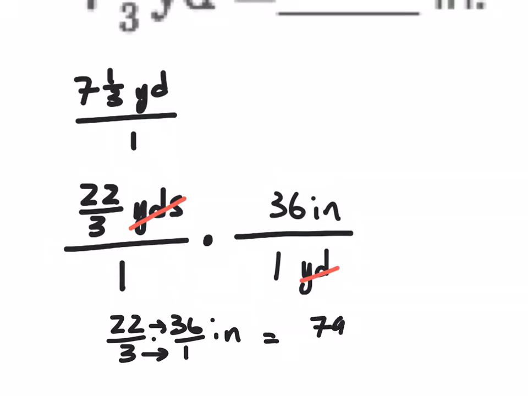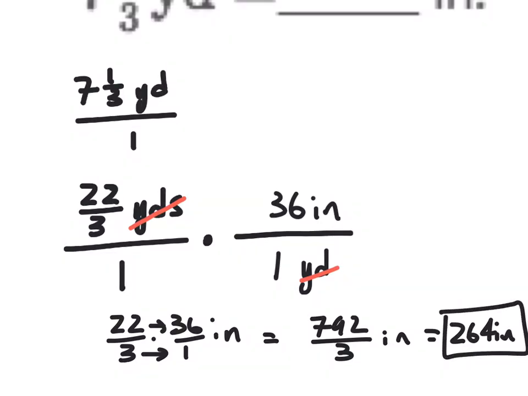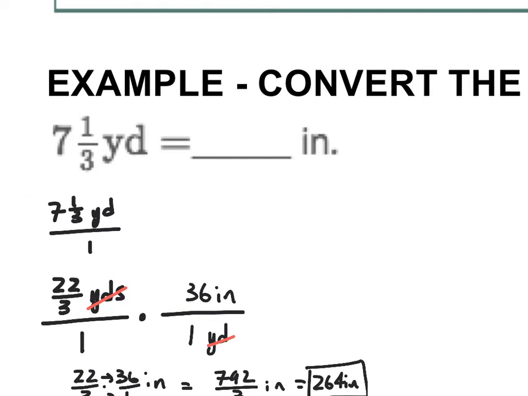So 792 divided by 3 inches, since 3 times 1 is 3. If I divide that number by 3, we get 264 inches. So if I have 7 1/3 yards, that's the same thing as saying I have 264 inches.